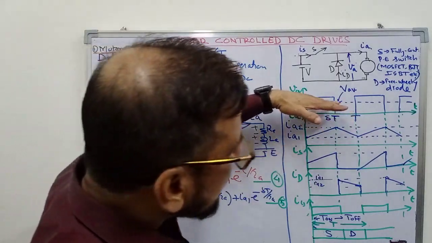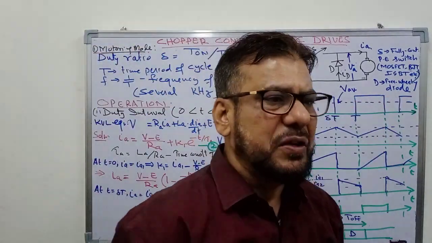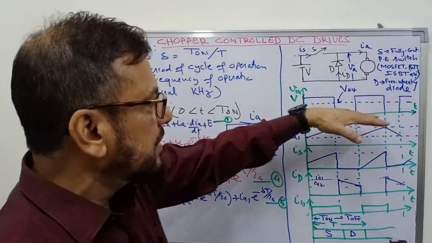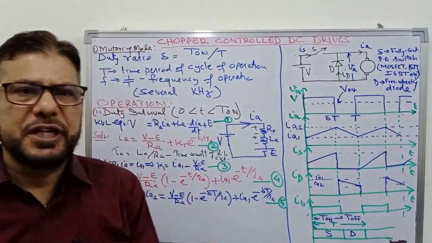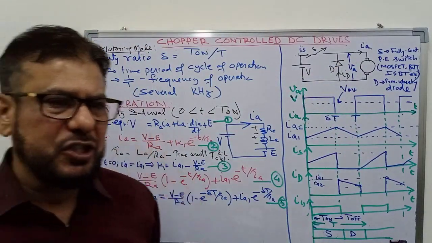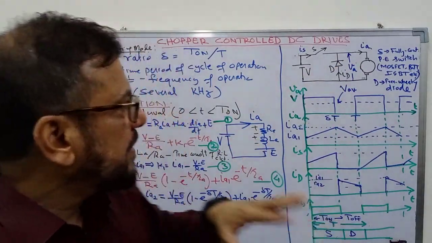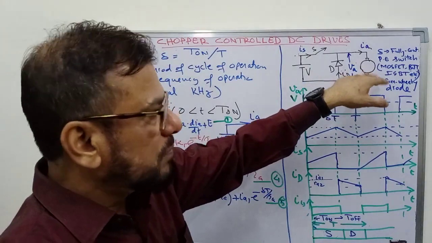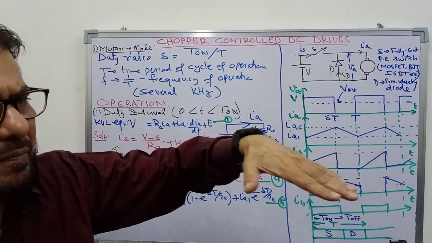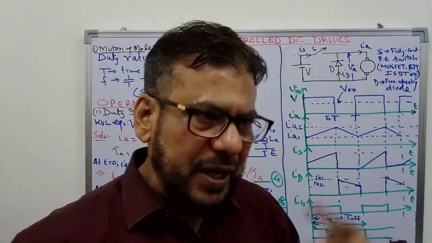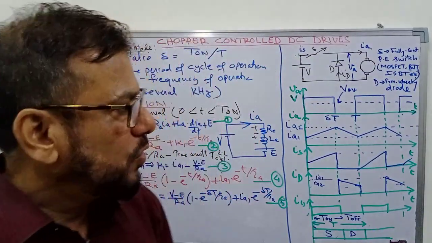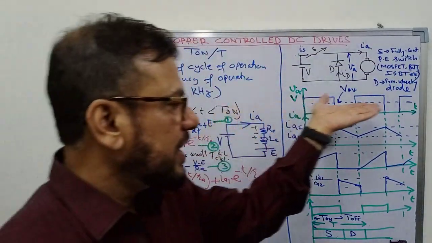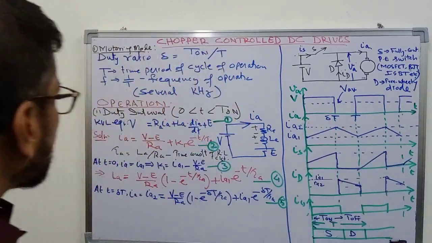So depending on that, it will attain a certain average value of speed, and the motor will have the back EMF equal to K times that speed, K omega M. So you can say that the motor will run at a steady speed, and the corresponding back EMF, you may call it E, is equal to K omega M. Omega M is the speed corresponding to this average value of the voltage.